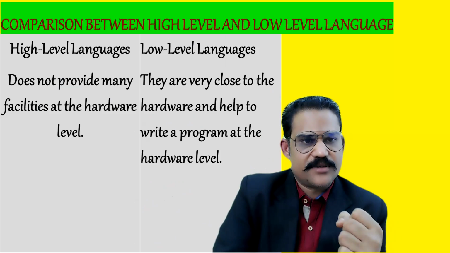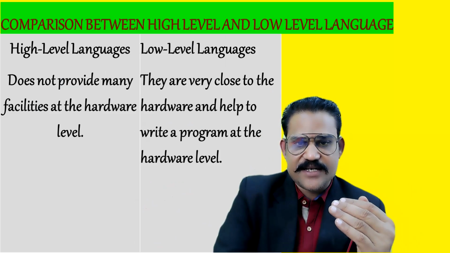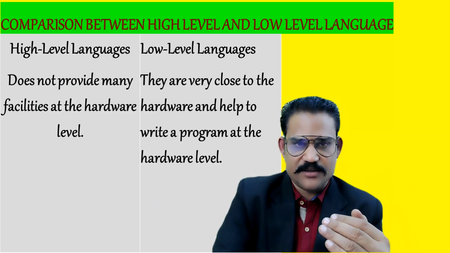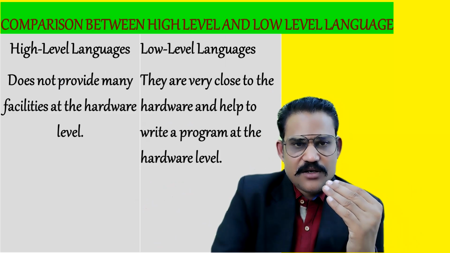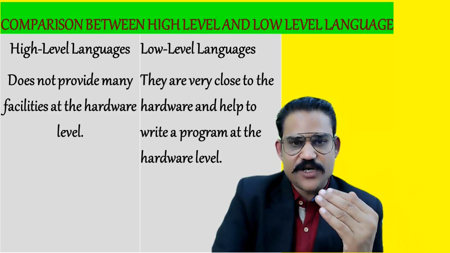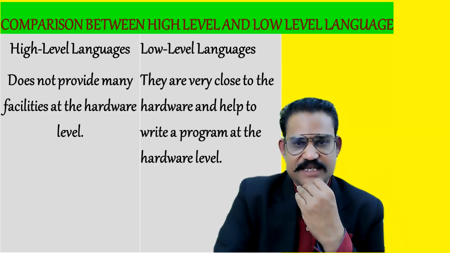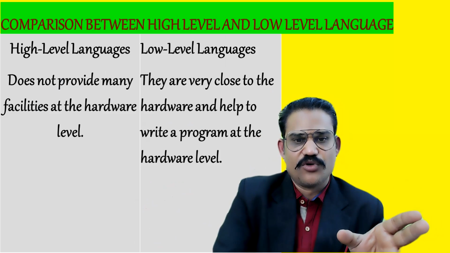Now the next point, high level language does not provide many facilities at hardware level. Clear? Whereas low level language programs are very close to the hardware and help to write a program at hardware level. This is the advantage of low level language.